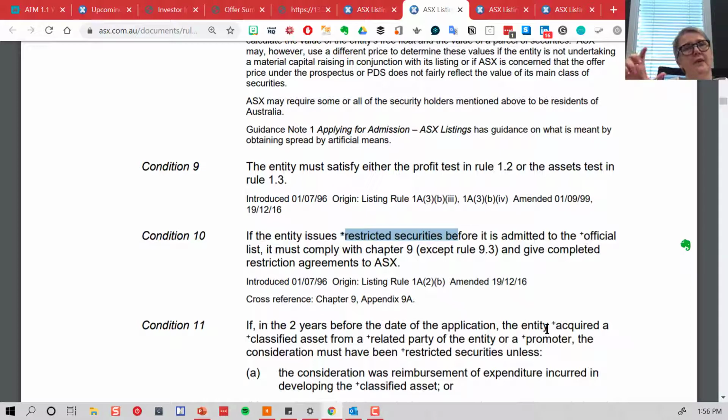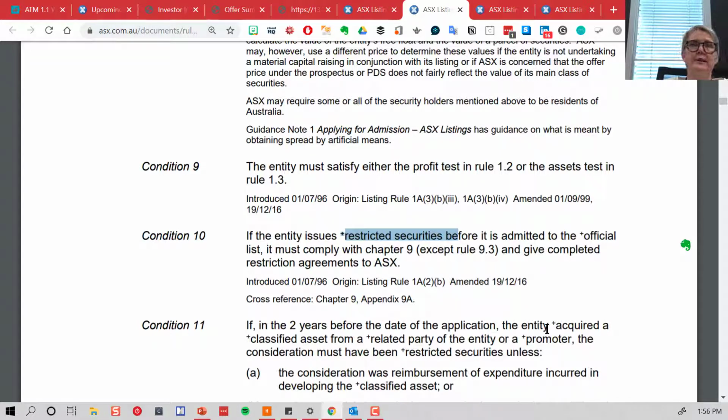And that means that they will be subject to restriction agreements that do exactly that. They restrict the shareholder from being able to sell those shares for a period of time up to 2 years. The more involved in the operations of the company that shareholder is, the longer the escrow period is.